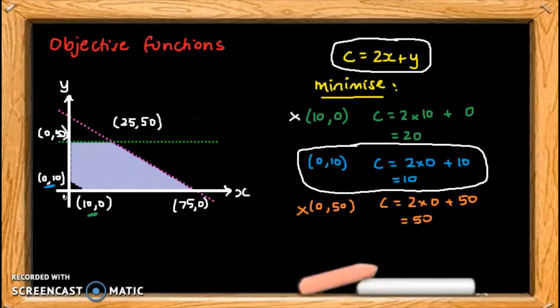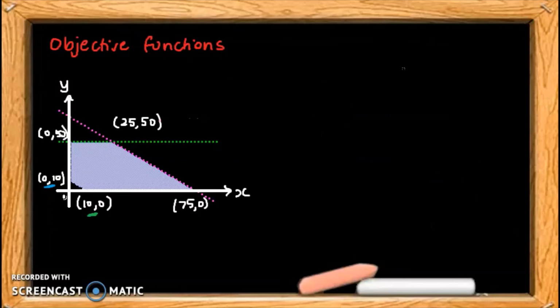Our feasible region will give us all our intersection points, and they're the values we substitute in. Sometimes you might find that you have the same value for two different points. So let's have a quick look at how that might work. Let's imagine that our objective function, let's call it C again, is x plus y, and we want to minimize it.